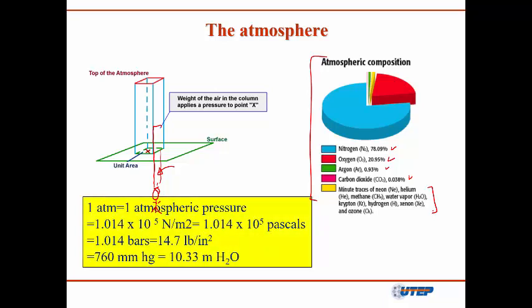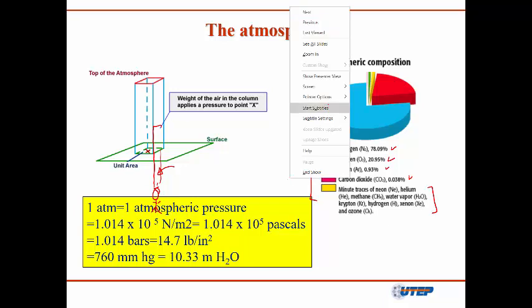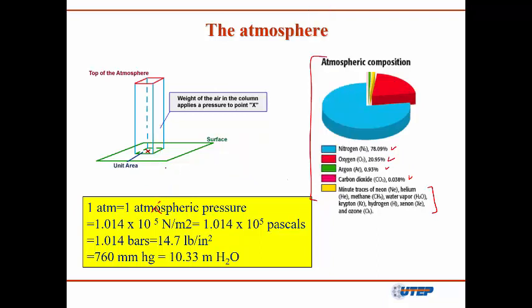One atmosphere refers to the atmospheric pressure, and I just want to show here some units that are very important. Whenever we refer to 1 atmosphere, it's also 1.014 times 10 to the 5 newtons per square meter, or those are pascals, 1.014 bars, or 14.7 pounds per square inch.